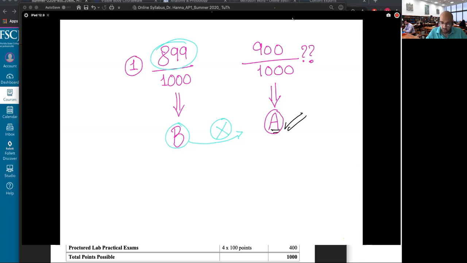All of you are willing to get an A in this course, definitely. But it would be unfair to round up grades, because those people who did get an A got it without having somebody rounding up their grade. So it would be unfair to round up 899 into 900 for a person to get an A.